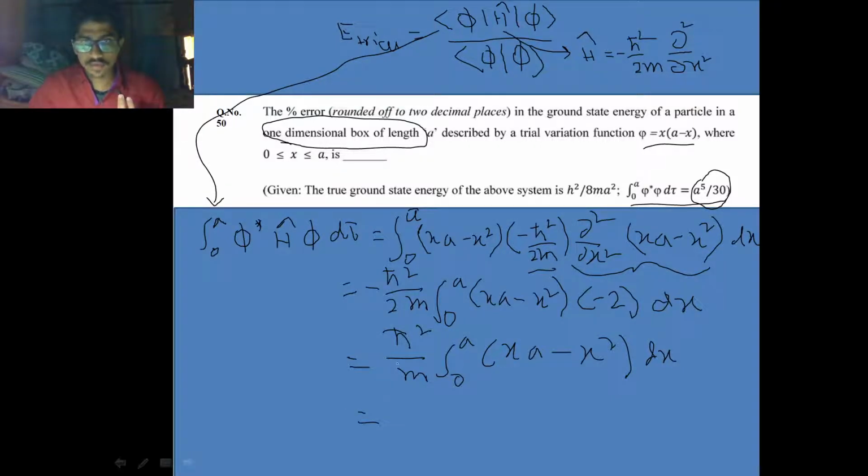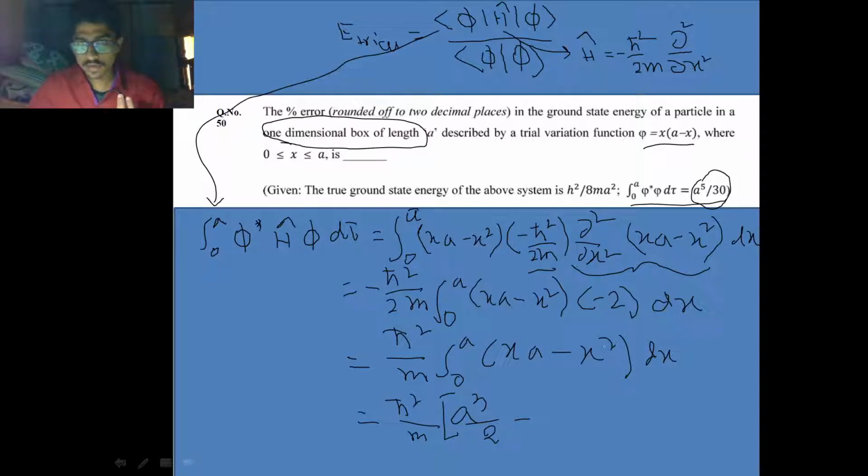This is x a, so a comes out, and what about x? So ħ square upon m into, here you see a comes out, and x dx, what about x dx? x dx is nothing but x square by 2. So if we put the value of a, then a square by 2, so a square by 2 into a, that is a cube upon 2, minus.